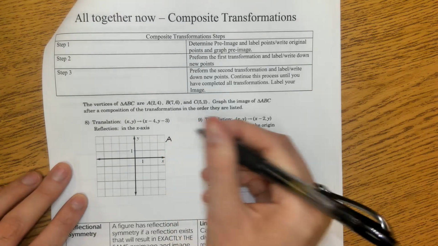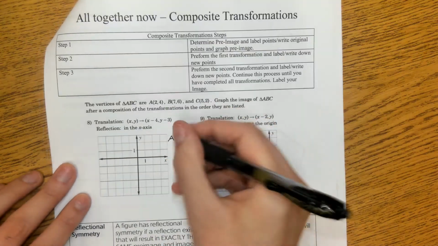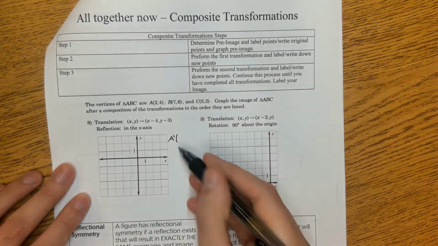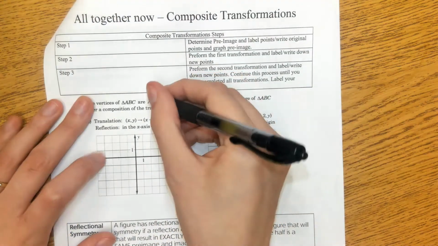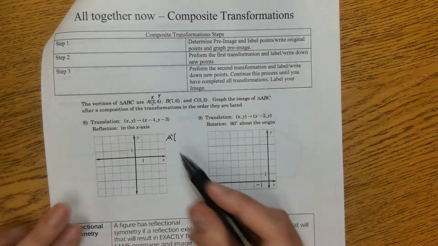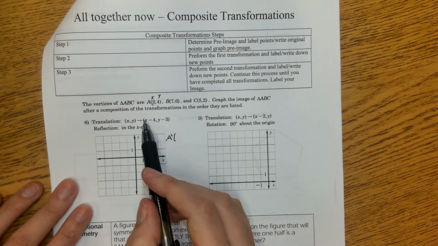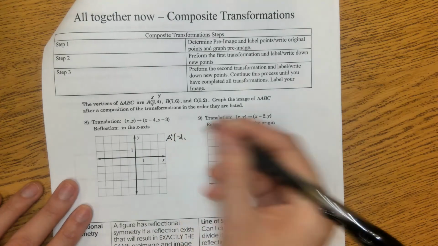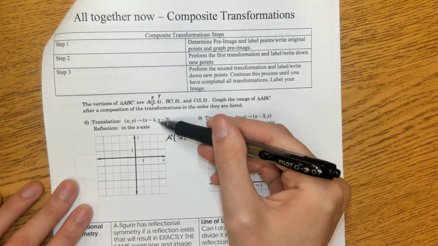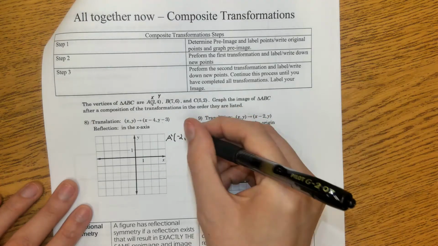So the original A is at 2, 4, and we're looking for A prime. 2 is the X, 4 is the Y, so I take that 2, and I say, okay, it's 2 minus 4. 2 minus 4 is -2. Y is 4, and I do 4 minus 3. 4 minus 3 is 1.